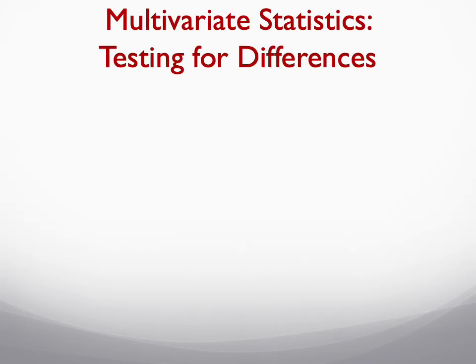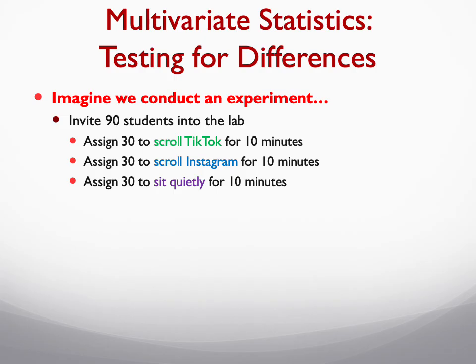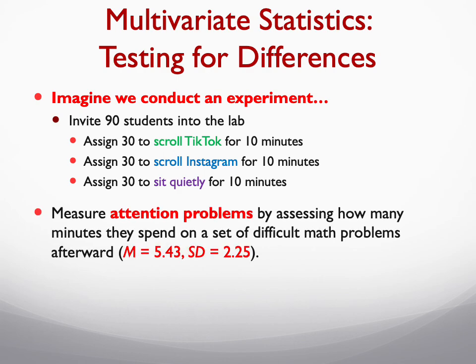So imagine we have conducted an experiment where we've invited students into the lab, and we've looked at this example before, where we're having 30 of them scrolling TikTok for 10 minutes, we're having 30 scrolling Instagram for 10 minutes, and we're having 30 sitting quietly for 10 minutes. And after they do this, I measure attention problems by assessing how many minutes they spend on a difficult set of math problems.